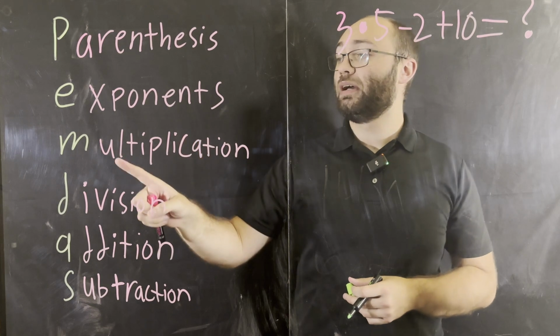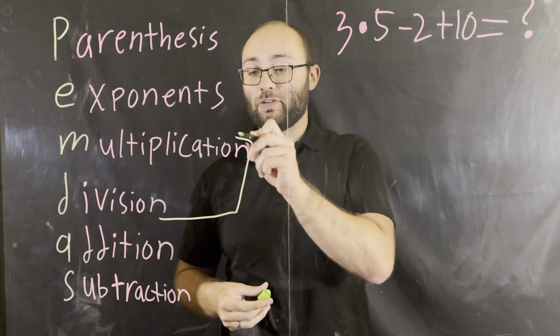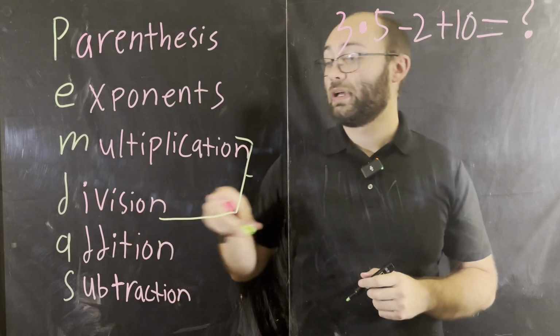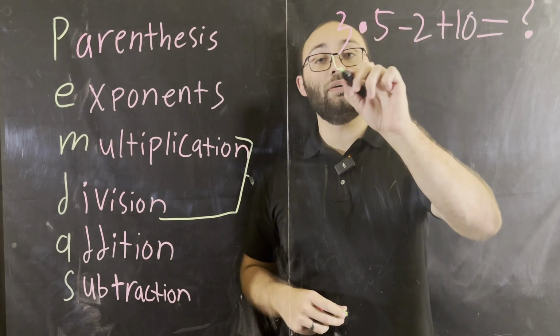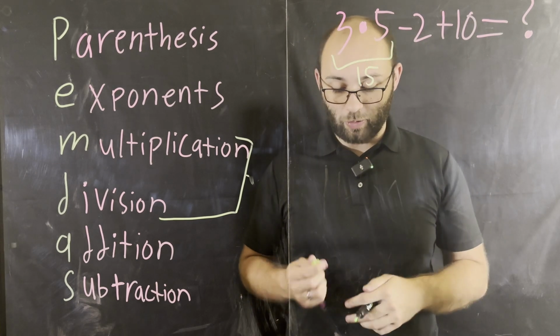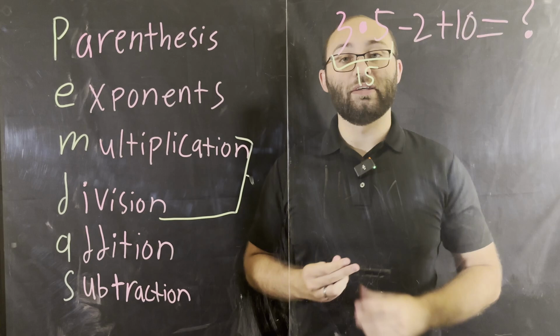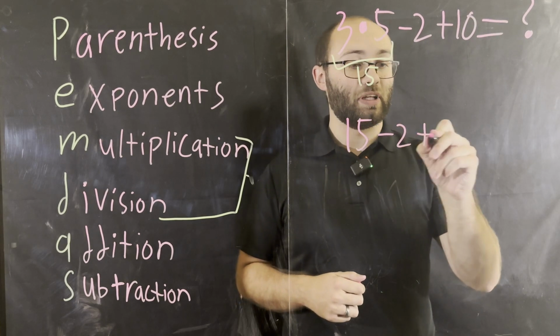Exponents, there aren't any. Multiplication. Multiplication and division, by the way, are interchangeable. They both happen at the same time. So I do have multiplication here. We do 3 times 5, which is 15, and we write the rest of that equation below. So now we have 15 minus 2 plus 10.